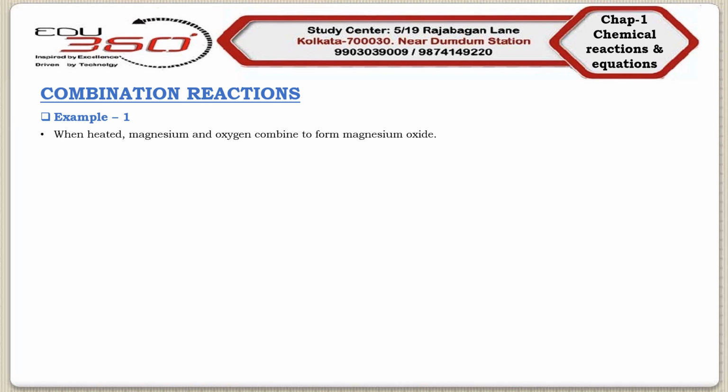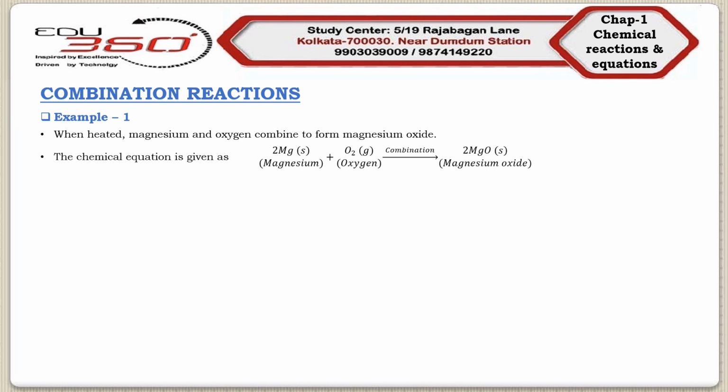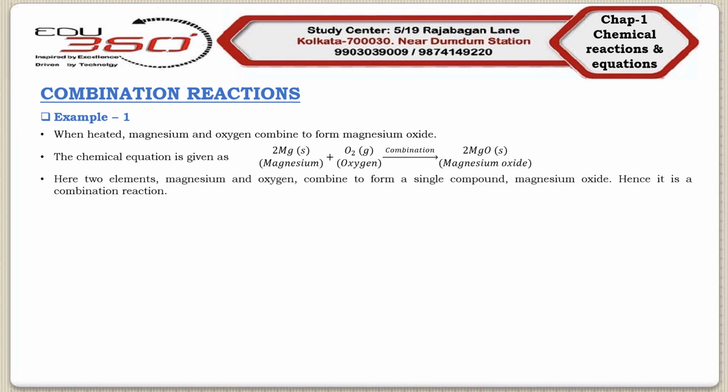The chemical equation for this reaction is 2Mg + O2 → 2MgO. Here magnesium is a solid, oxygen is a gas, and magnesium oxide is a solid. So in this reaction, magnesium and oxygen combine to form a single compound, magnesium oxide. So it is an example of a combination reaction.